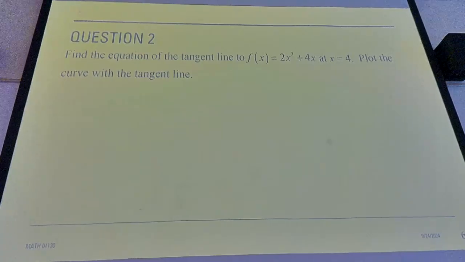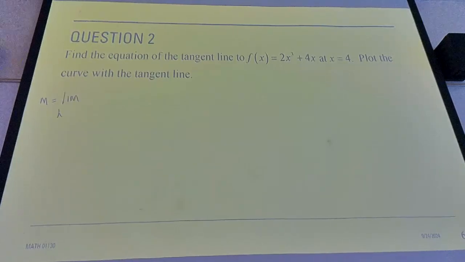Equation of the tangent line for 2x cubed plus 4x at x equals 4. I think for this one I'll use the other formula, just to show it off. So first thing we need is the slope.